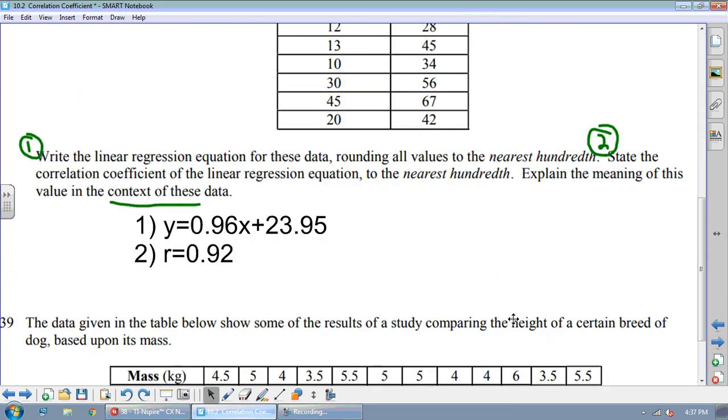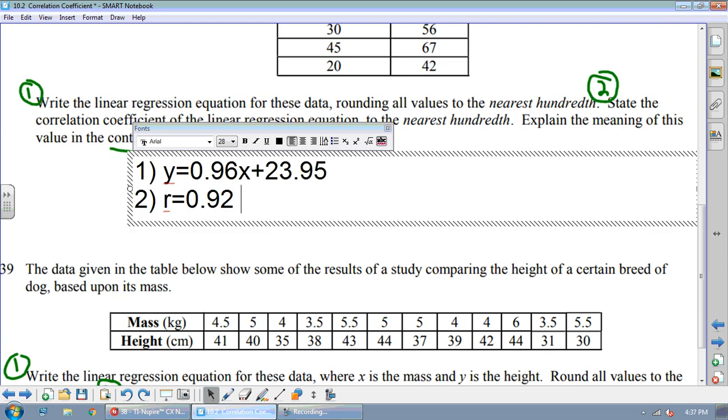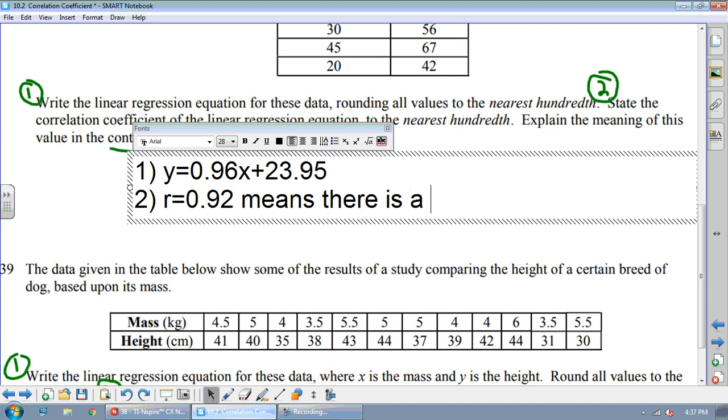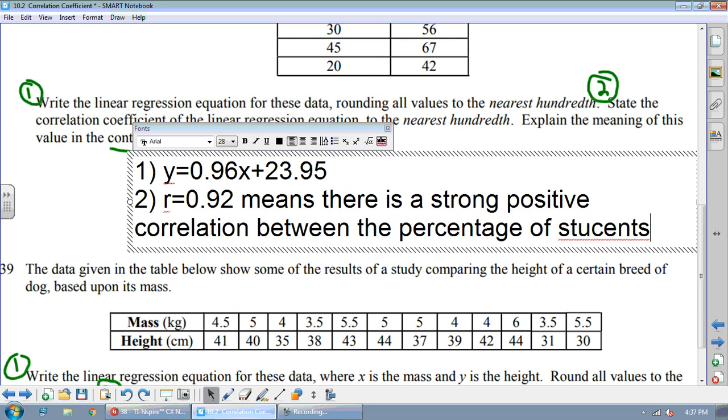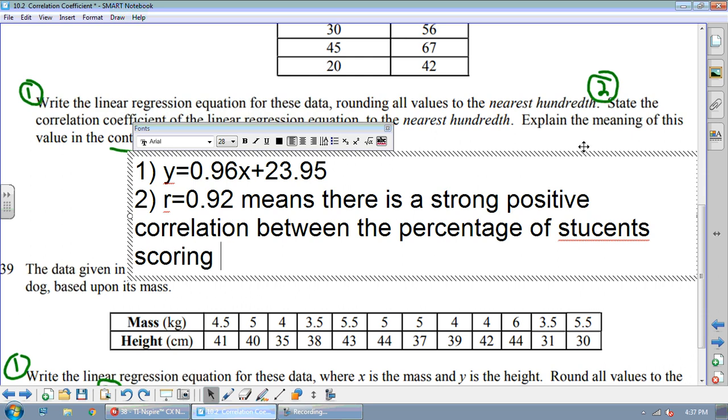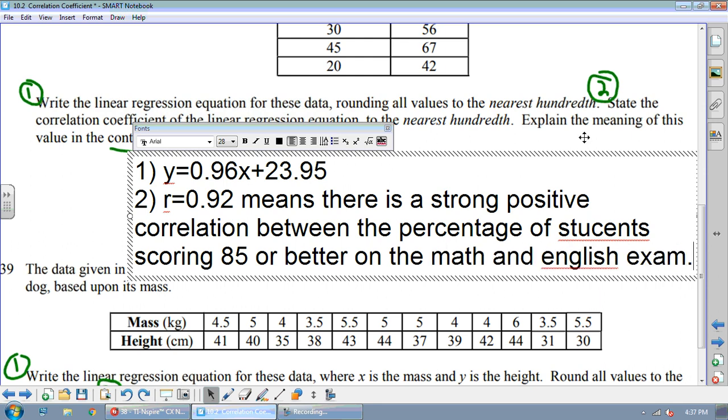Where are we? Here we go. So we can say that this means there is a strong positive correlation between the percentage of students scoring 85 or better on the math and English exams.